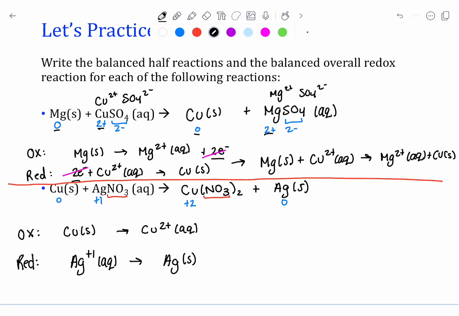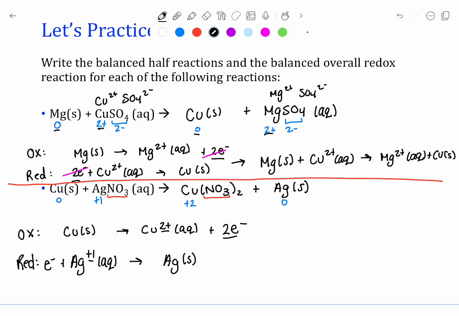So oxidation is the loss of electrons, so our electrons are going to show up as a product of this reaction. We lost 2 electrons. In reduction, our electrons are going to show up as a reactant. We only gained 1 electron, so we're just going to put e-. These can't be added up as is because our number of electrons are unequal, right?